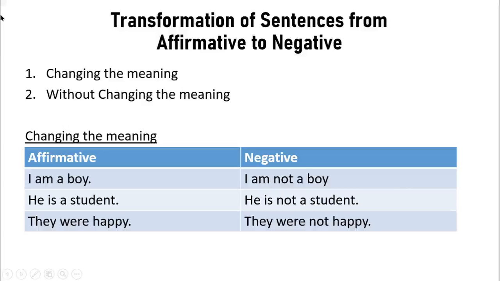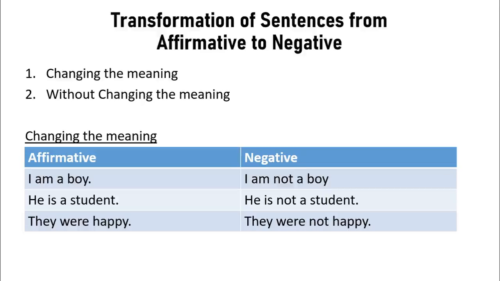Now I will show you how to change the sentences without changing the meaning. In the case of transformation of sentences, we should not change the sentences with changing the meaning.